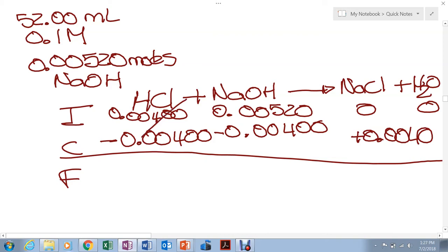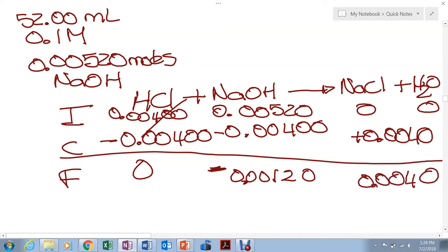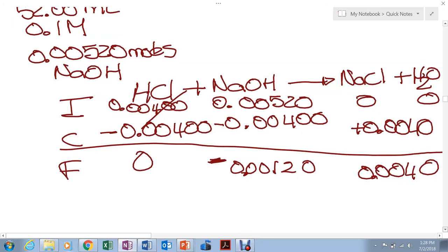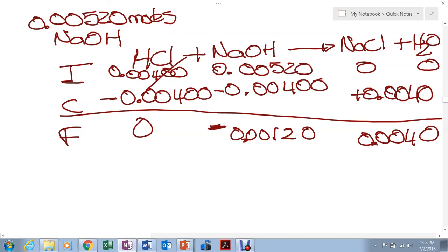So the final gives you, this is gone, all the acid. Now we have an excess, and it's going to be 0.0120 moles. And here you got 0.004. How do you know it? Well, with the number of moles you converted. You know you have a 1-to-1 ratio.